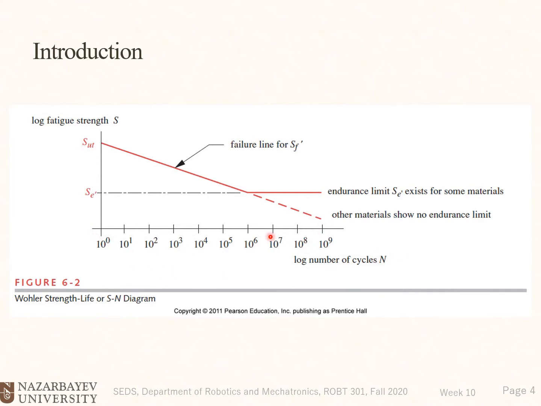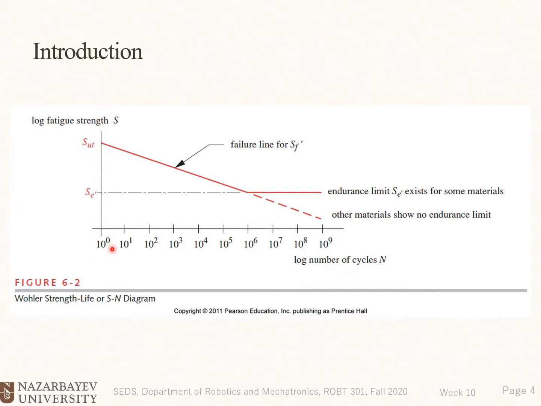For example, when we have a beam or rotating beam, let's say that beam could be stationary or static, so we have 0 cycles, and then we will be on this vertical line, and you see that the strength of the material is equal to the ultimate tensile strength because the load is static.